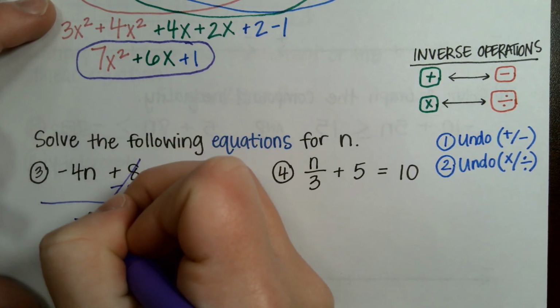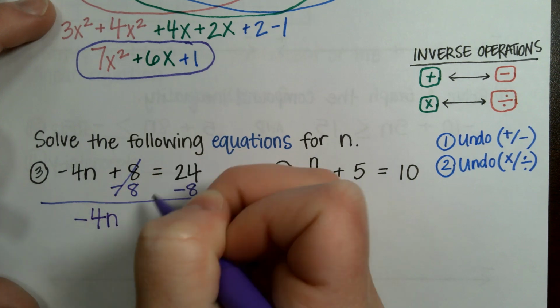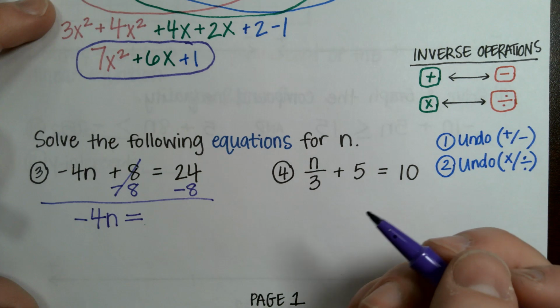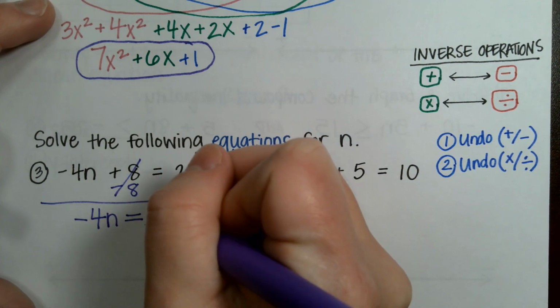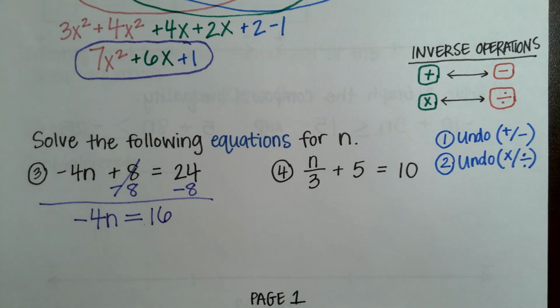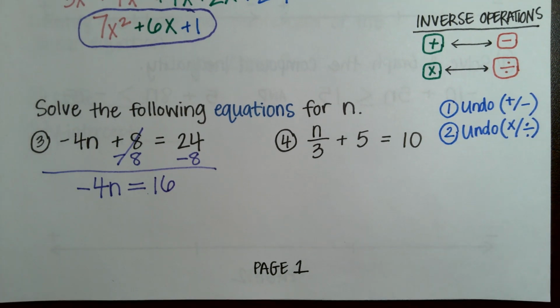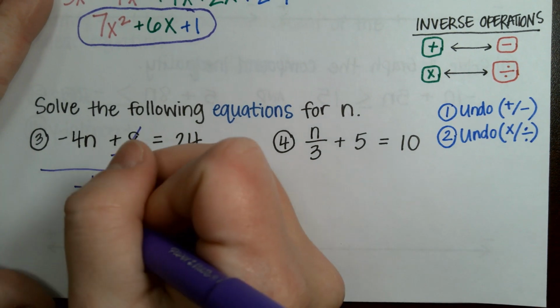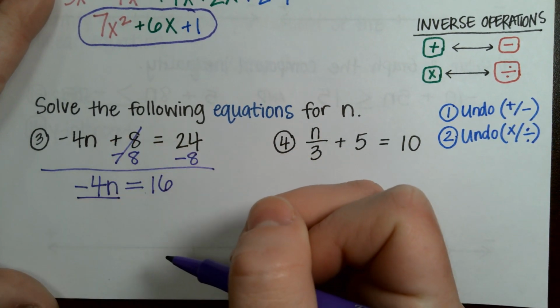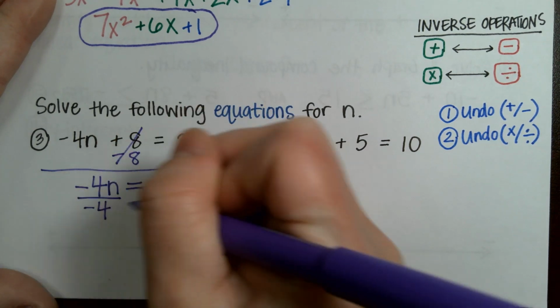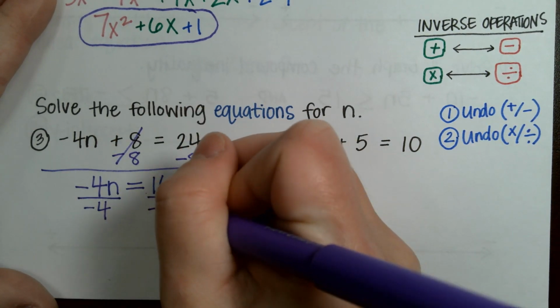Bring down -4n equals, what's 24 minus 8? 16. Okay. Now I have a whole new equation. -4n equals 16. What's my next step? Yes. What am I dividing by? -4. Good. -4 on both sides.